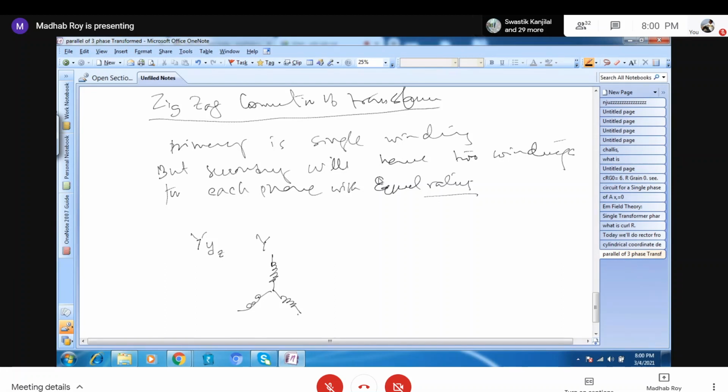So in that case, it will be A, it will be B, it will be C. Or in case of Z, we will have two windings.